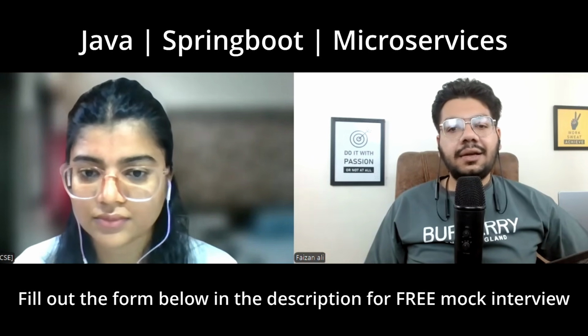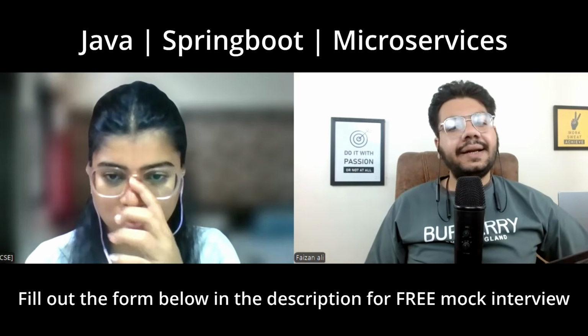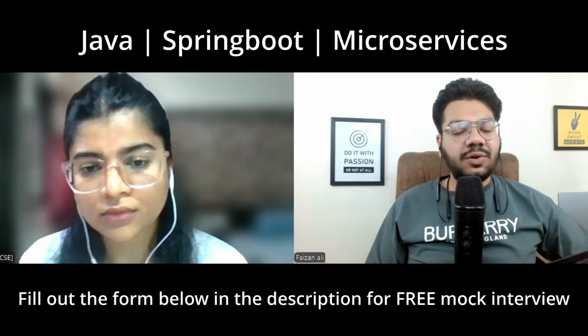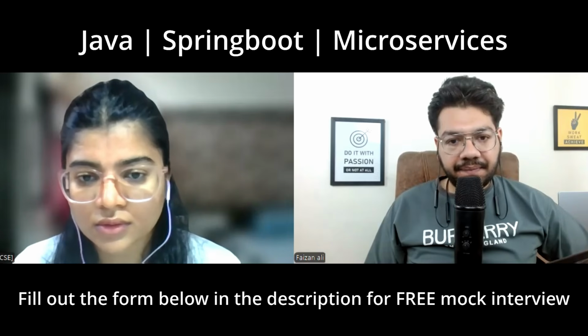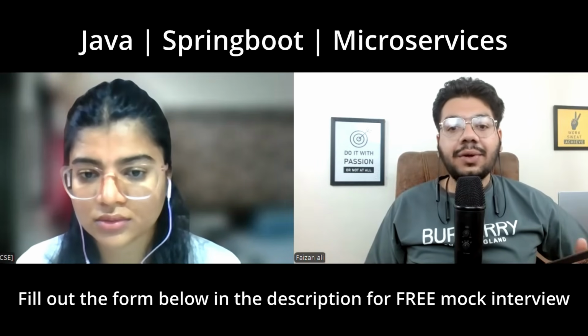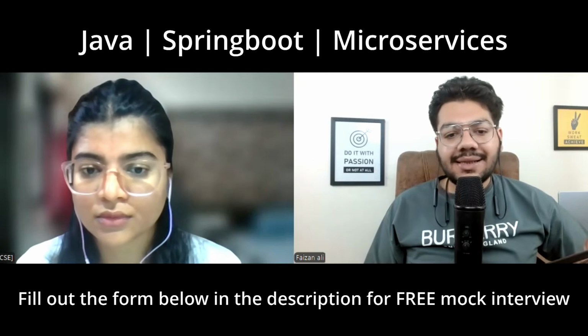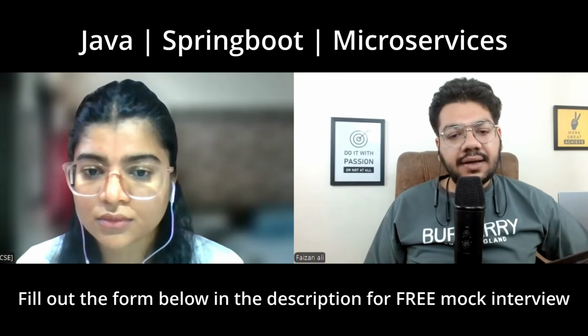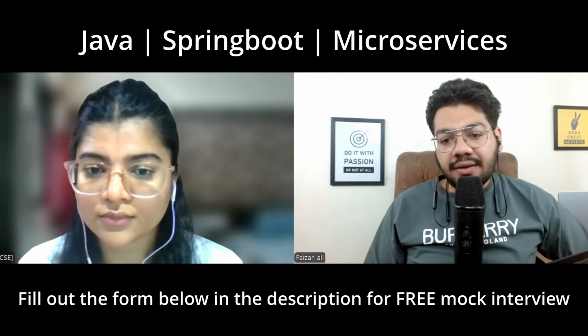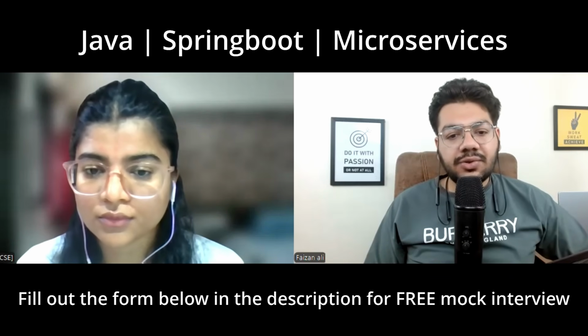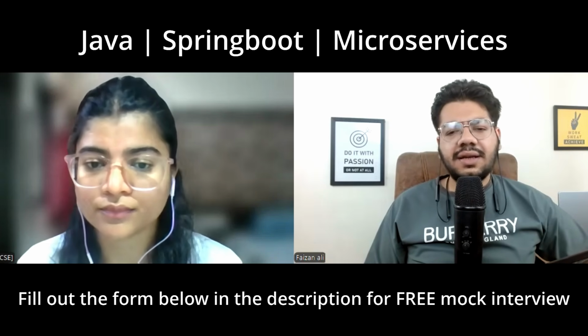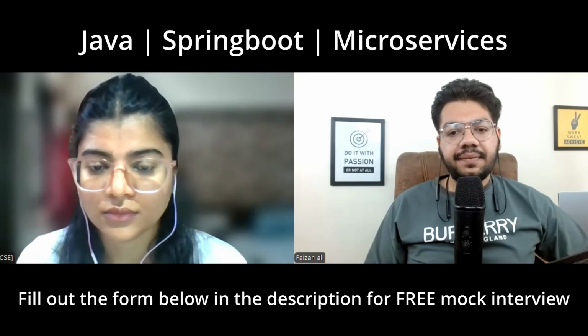Okay, so let me correct you. Concatenating strings with the plus operator internally uses StringBuilder in recent Java versions to create a new string with the combined contents. But it does this in a less efficient way when done repeatedly, as each concatenation results in a new StringBuilder and string. Okay, so in short, it uses StringBuilder internally.